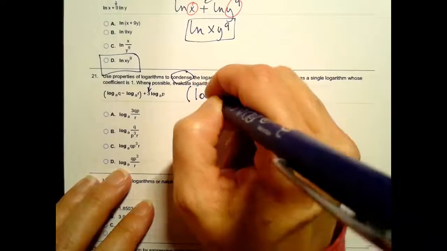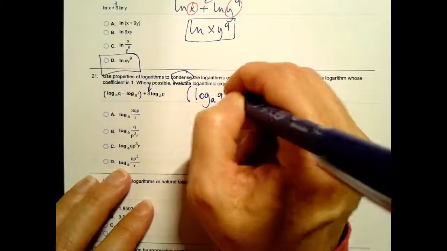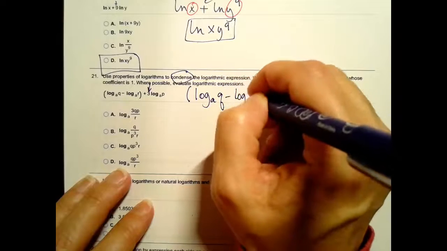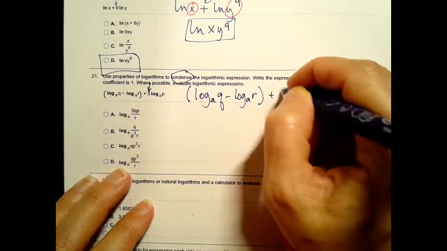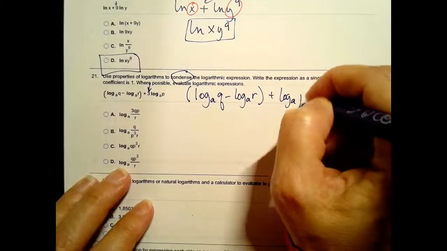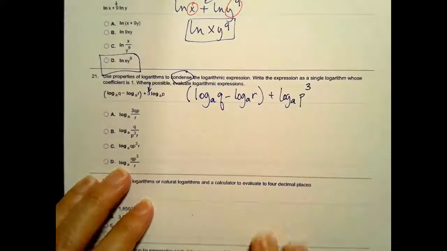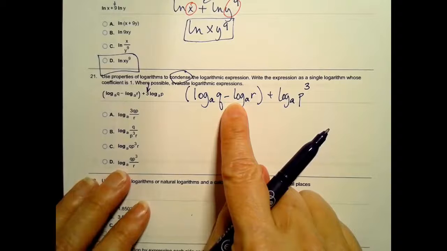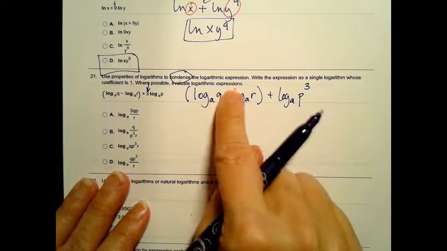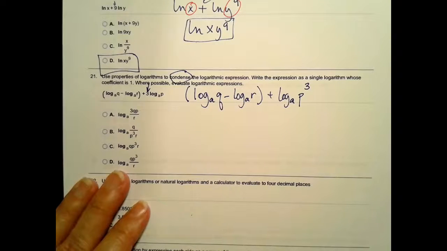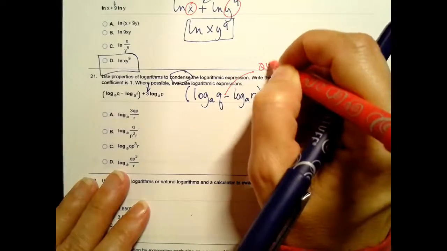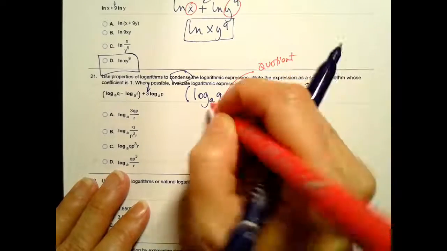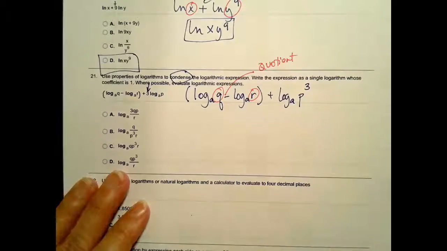So I have log base A of Q minus log base A of R plus log base A of P to the third. Okay, so now I'm going to have to go into the parentheses first. It's a subtraction right here, which tells me it was a quotient. So I would take this over this, divide.